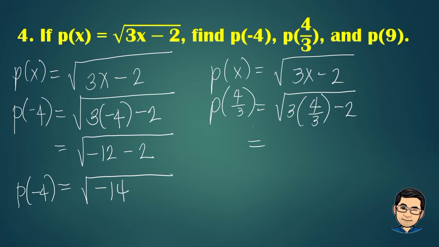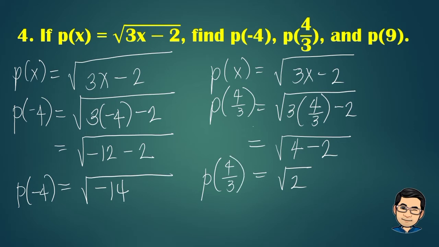So, we can cancel out 3 and 3, kasi meron silang common factor at pareho lang din naman sila na number 3. Matitira na lang is 4 minus 2. Now, 4 minus 2 is 2. So, the value of p of 4 over 3 is the square root of 2.